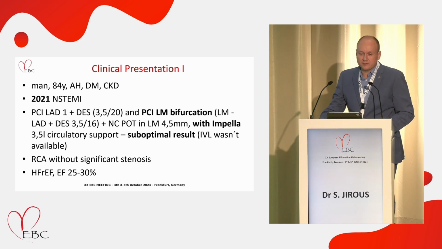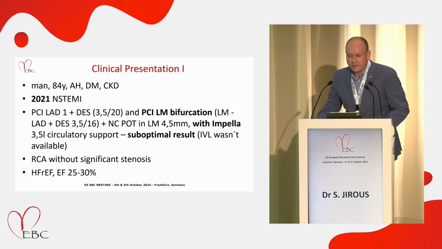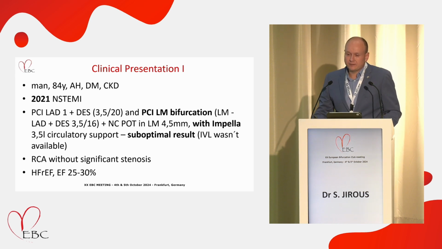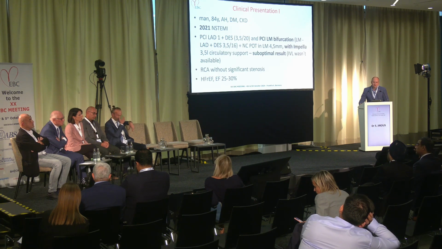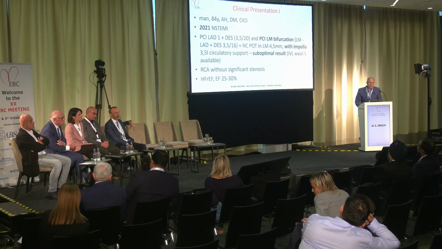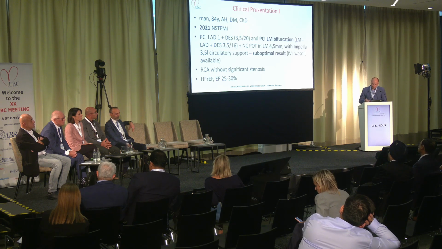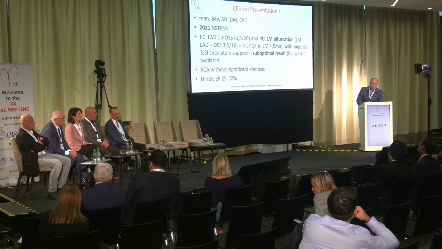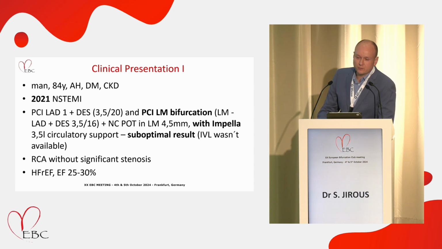We are going to see the angio in the next slide, but PCI of the proximal LAD and PCI of a severely calcified 111 left main bifurcation were provided, with provisional stenting, only one stent implantation, but with Impella support because of his acute heart failure. The result wasn't optimal, as you are going to see, but it's necessary to say that in 2021, in our cath lab, we had no debulking method, including IVL.